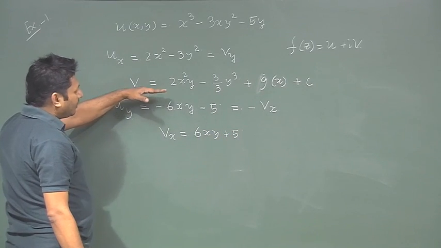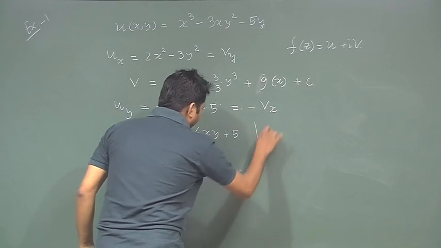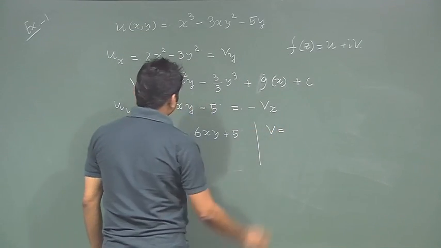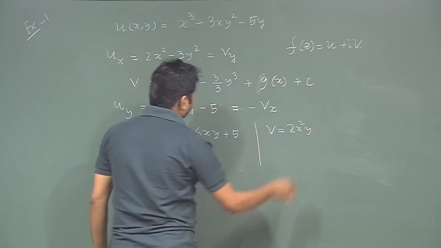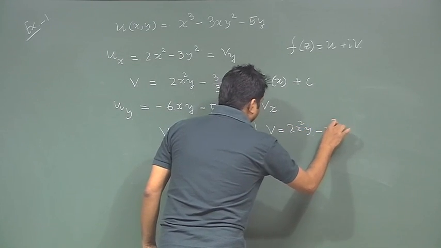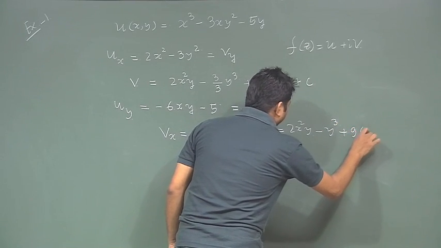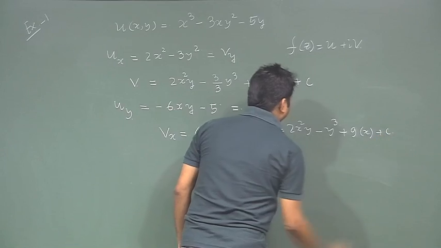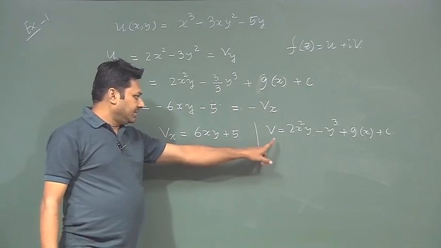From here I already have my v. So, my v is 2 of x square y minus y cube plus g of x plus c. Now, I need to compare these two.